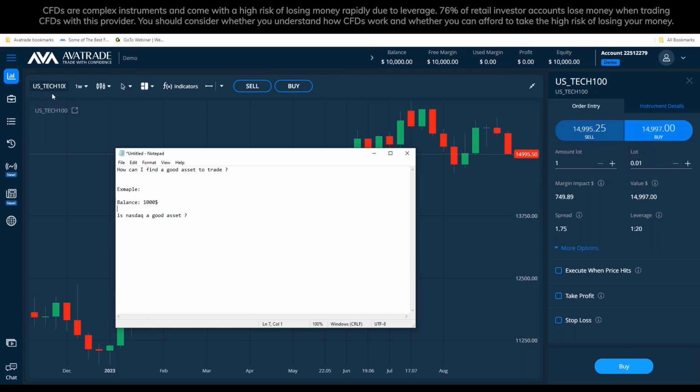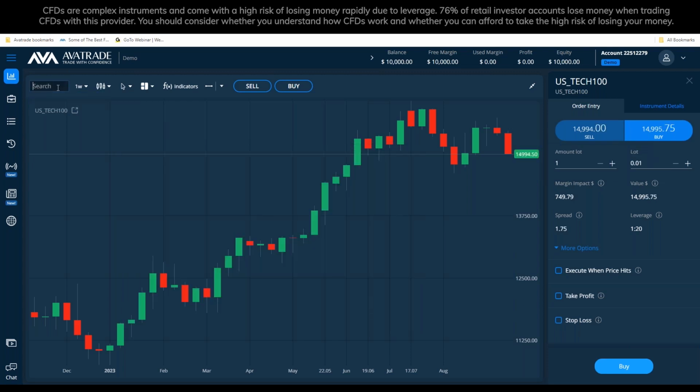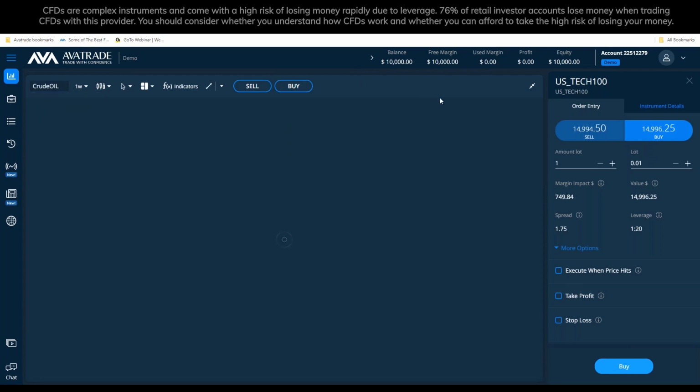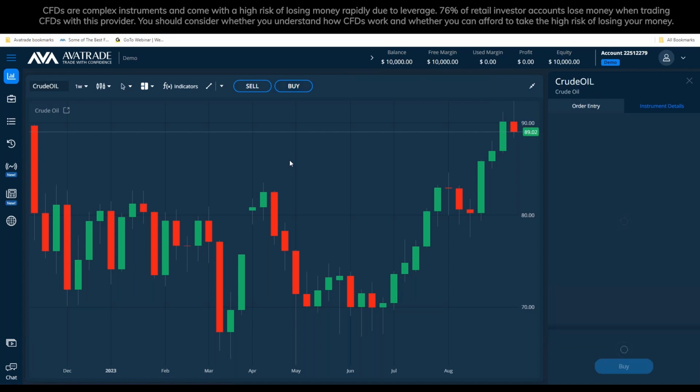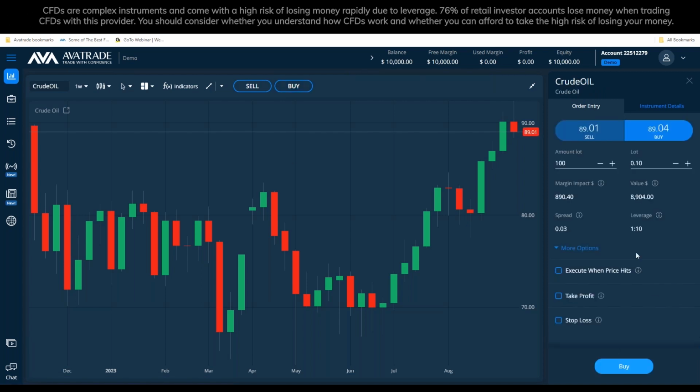For instance, if I had 100 and I go for crude oil, just as an example. You see what I meant? Like I said 10 minutes ago, you've got to be careful because the tab here sometimes stays the same, so I've got to click sell or buy. There we go.